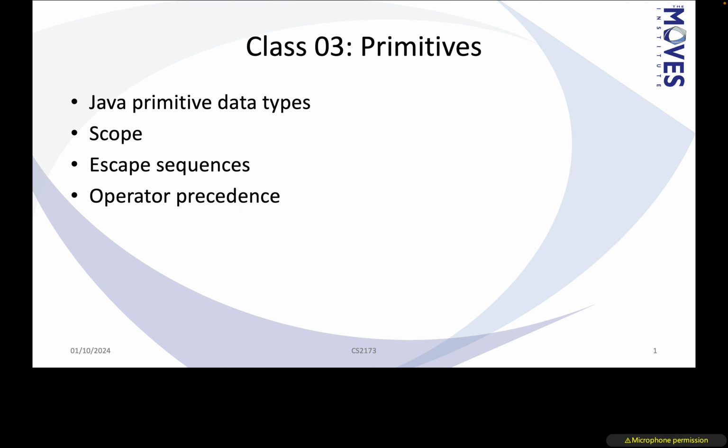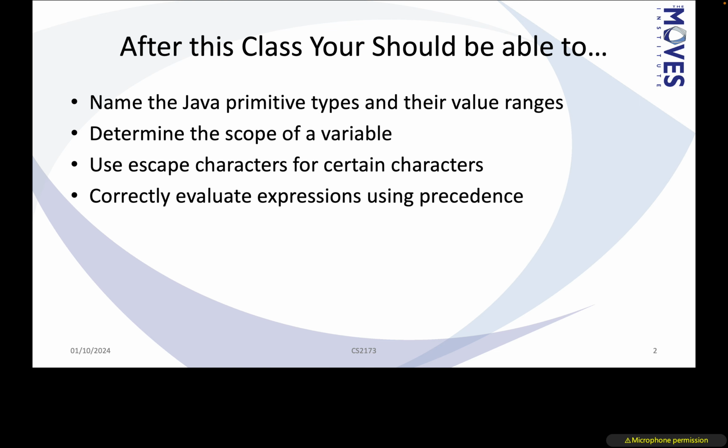This is an area where Python, in my view, totally screws the pooch. Scope is going to be important because, at least for the Java programs that we'll be looking at, it helps you understand who can see what and everything. And then we'll look at escape sequences and operators and operator precedence and stuff like that.